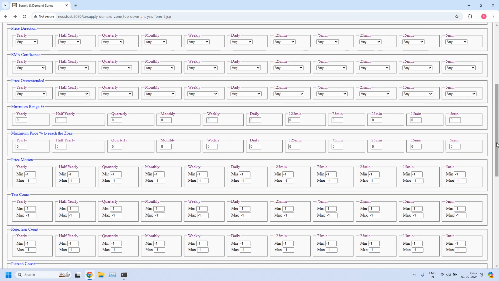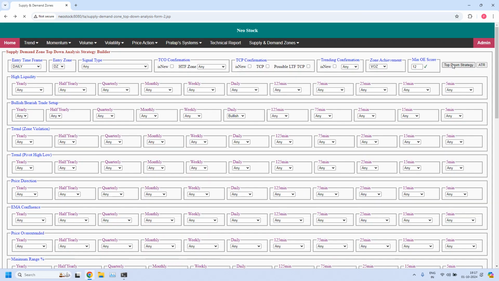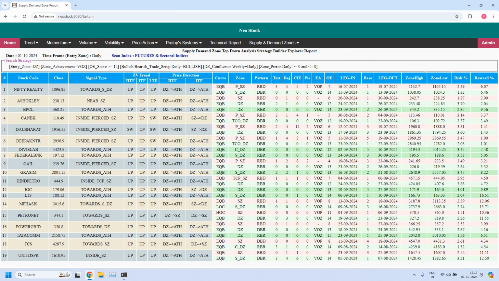Now let me verify how many we get. Now 19 stocks are filtered. Out of 26, 19 stocks, that means the daily zones in these 19 stocks are part of the weekly zone. That is zone confluence: a lower time frame zone overlapped with higher time frame zone.